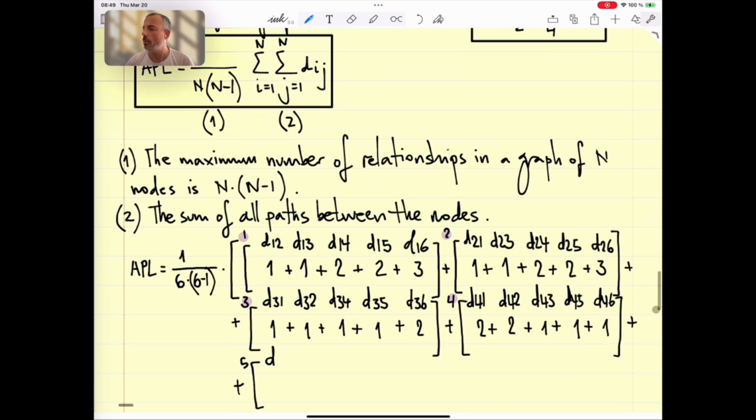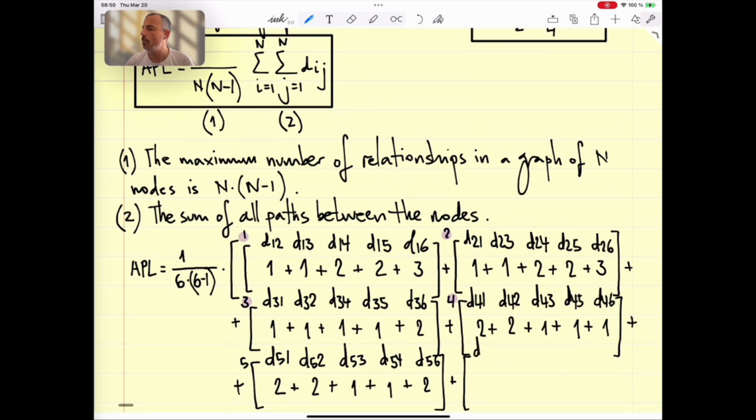So distance between 5 and 1 is going to be 2. 5 and 2 is going to be 2. 5 and 3 is going to be 1. 5 and 4 is going to be 1. 5 and 6 is going to be 2.